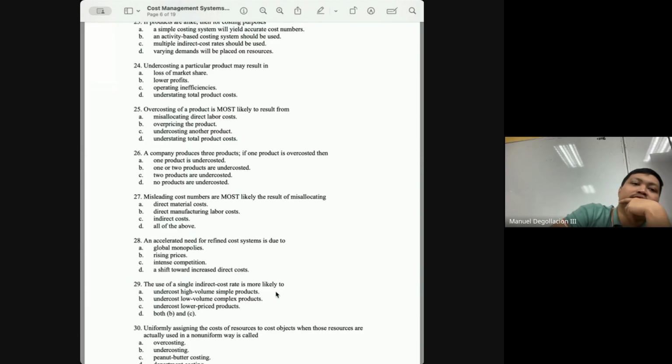Of course, the total product cost would remain the same. It would have been different if it stated that total cost of goods sold would be understated, and that would have been possible. But as far as product cost, it would just be the same.